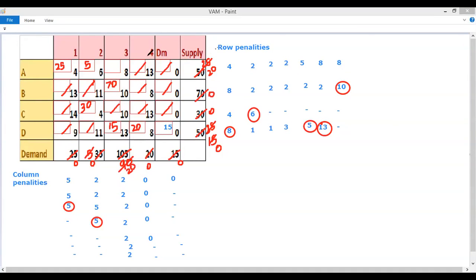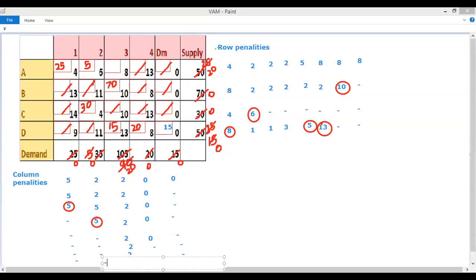Now again, we have to compute penalties. So here the penalty again is 8. Here we don't have to compute. Here also we don't have to compute. And here again you will get, sorry.